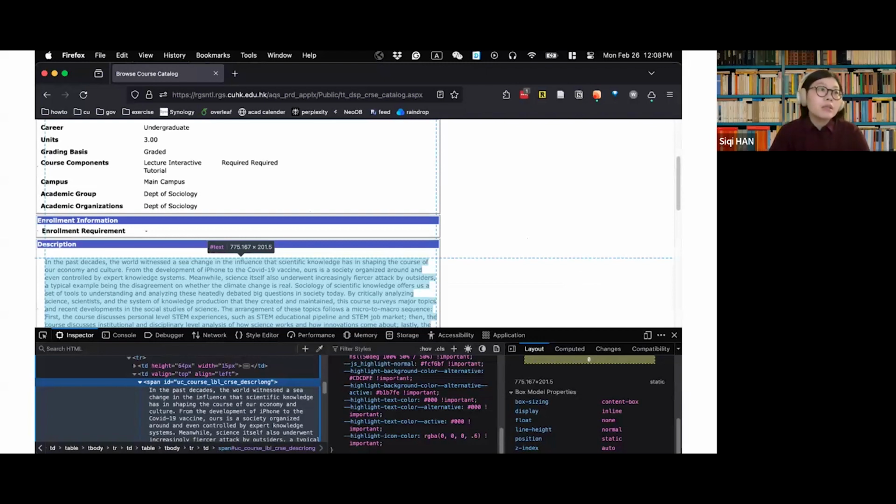You can see there is a span item in the HTML. And under the span item is the text, exactly like the text you can see under description. That is the part that we want, and we write code to scrape it. And we do it for all courses and all departments.